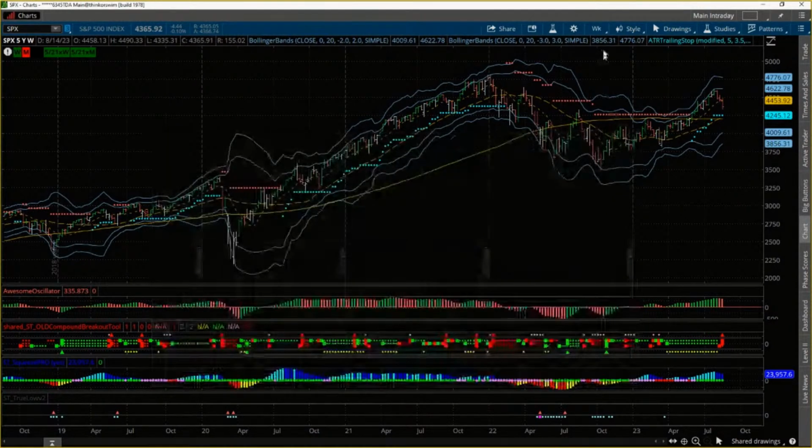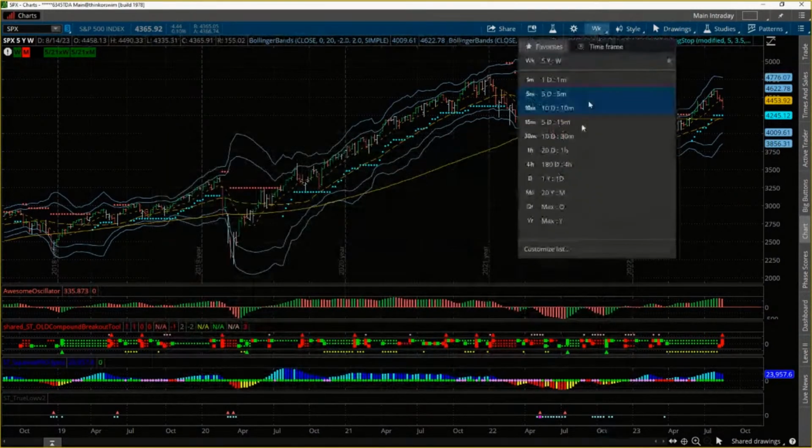But the reason why I like this indicator is because if I'm looking at multiple time frames, right? Let's just work our way back to a 30-minute chart here. The lower the time frame you go, the more of those boxes you can see. Like I said, I have mine set up for the 30, the hourly, daily, weekly, and monthly. So now that I'm on a 30-minute chart, you'll see the 30, hourly, daily, weekly, and monthly boxes up here.